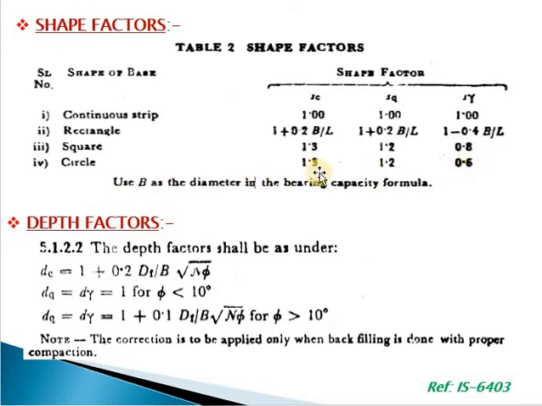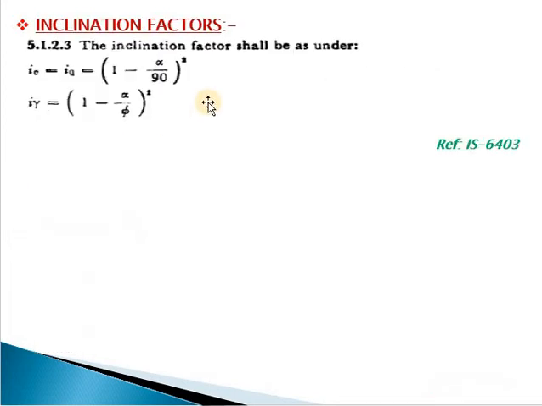For circular footing 1.3, 1.2, and 0.6. Now these are the depth factors, clause number 5.1.2.2 of IS 6403. This is the inclination factor. What is the inclination factor? It is the angle of the applied load to the vertical.